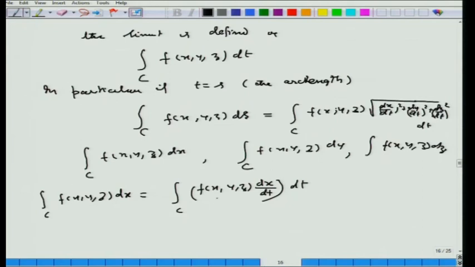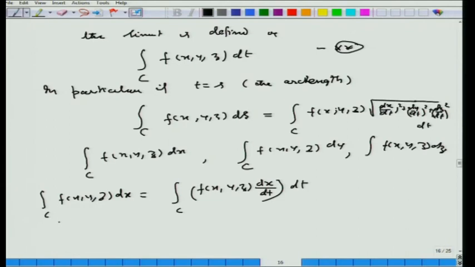So this f is actually replaced by f(x, y, z) dx/dt here, and we have this kind of general form of line integral. These can all be treated as particular cases of the double star given here.